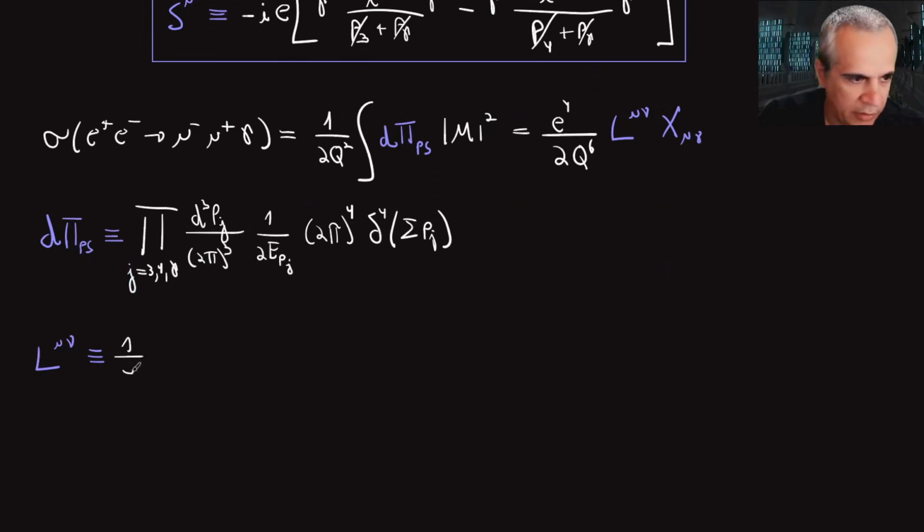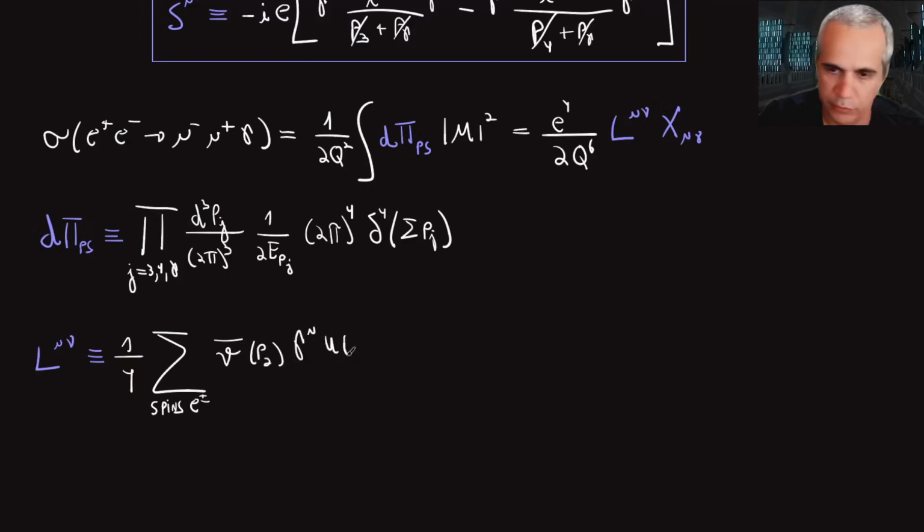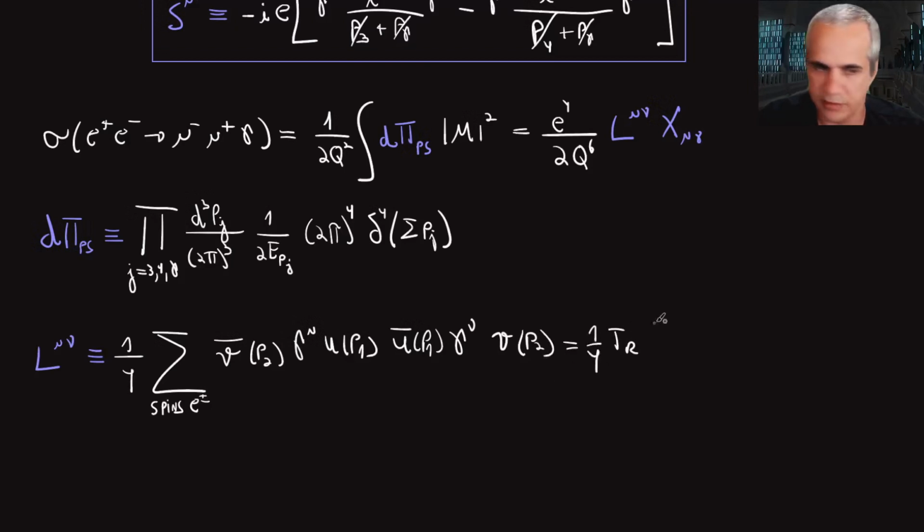It's just 1/4 of the sum over the spins of the electron and the positron, plus minus, of V bar P2 gamma mu U of P1 times U bar P1 gamma nu V of P2, which is just 1/4 of the trace of P2 slash gamma mu P1 slash gamma nu, which you can calculate quite easily.